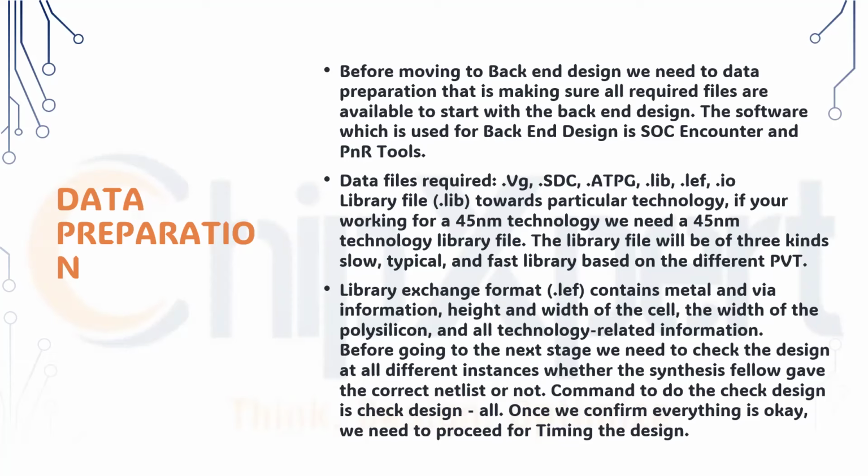Basically, that will store the data of each and every cell in different scenarios. What are the scenarios? Your chip has to work in any climate, right? That is like minus 45 degrees, and it also has to work at 100 or 120 degrees.